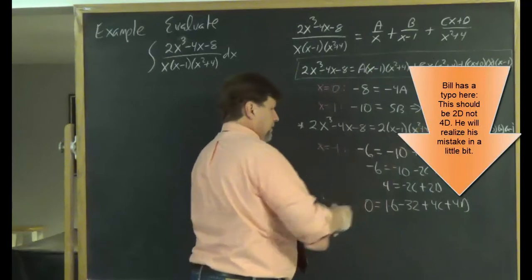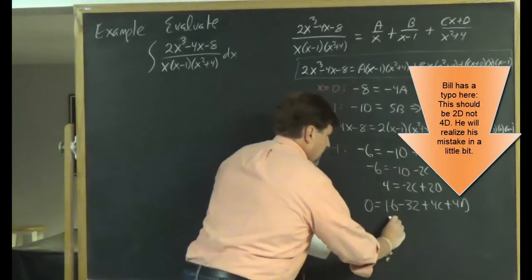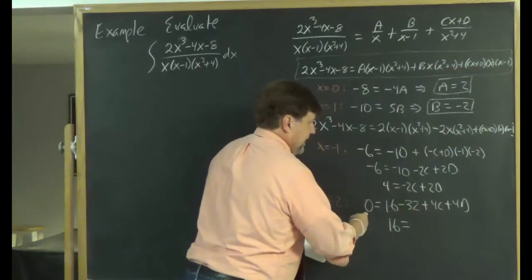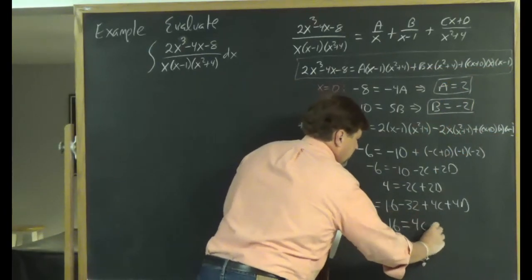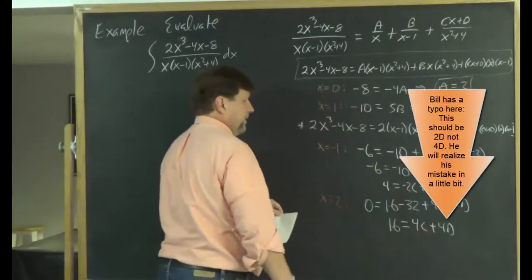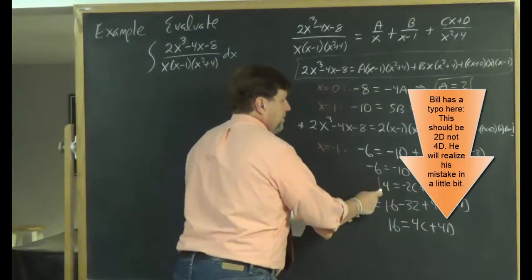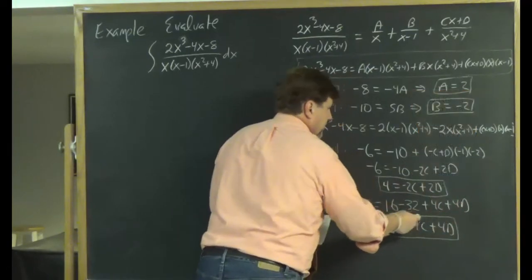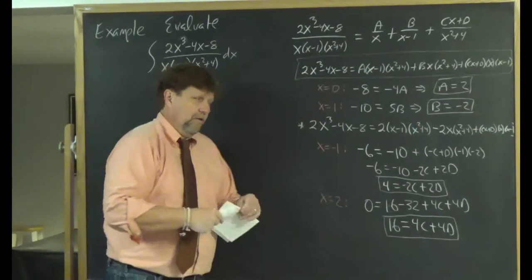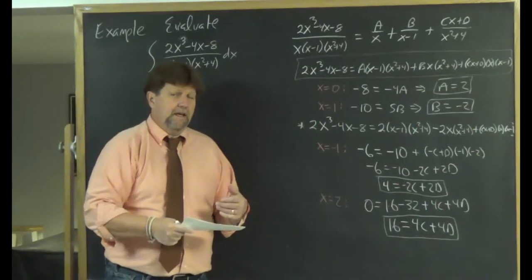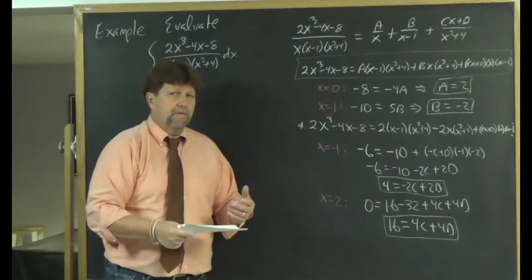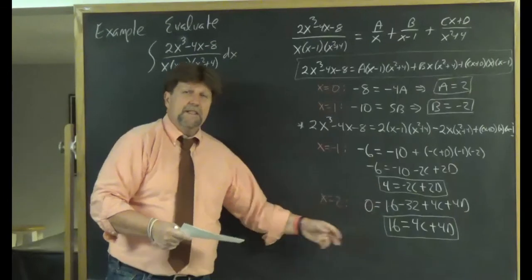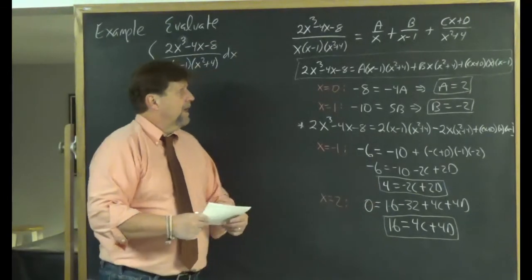I'll let you do the arithmetic to make sure I did that correctly. In other words, adding 16 over here, I get 16 equals 4c plus a 4d. In order to determine c and d, this is an old algebra problem, I need to find the simultaneous solution to this system of equations.